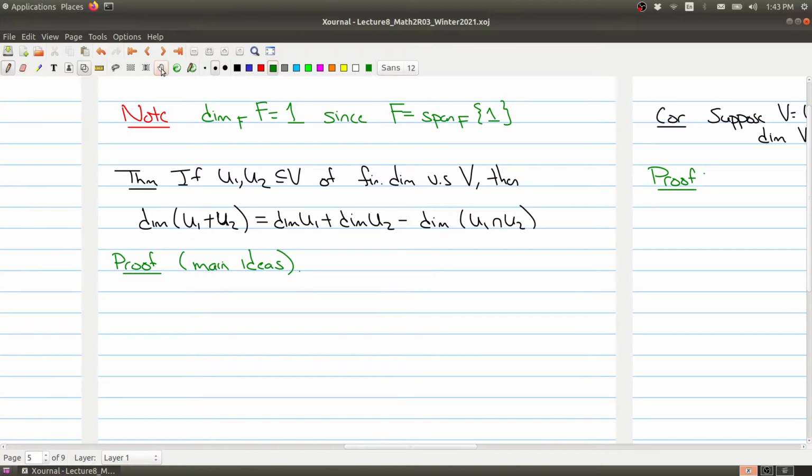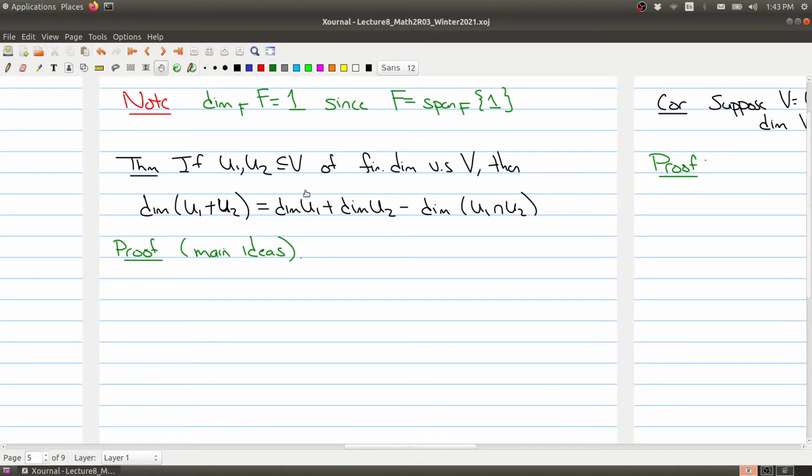It uses some of the ideas from last lecture about taking a set of linearly independent vectors and expanding it to a basis of a bigger set. So the main idea goes as follows.